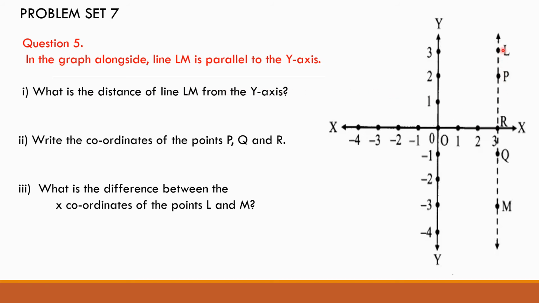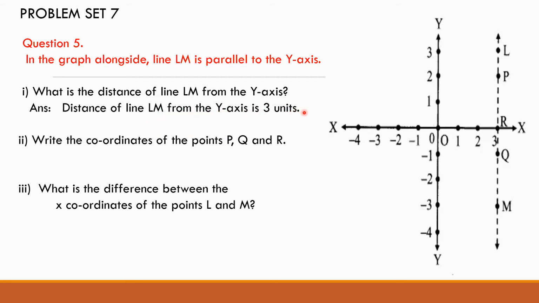Here, this is 1 unit, 2 units and 3 units. Therefore, the distance of line LM from the y-axis is 3 units.